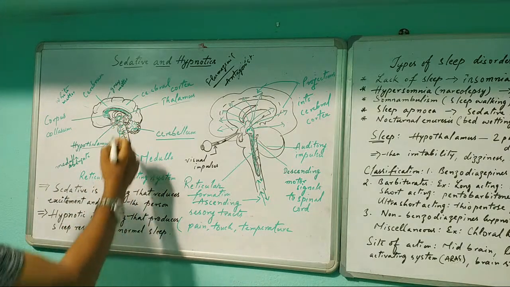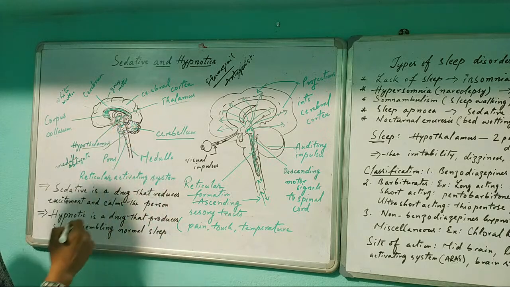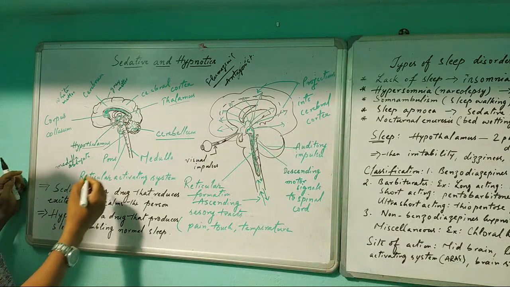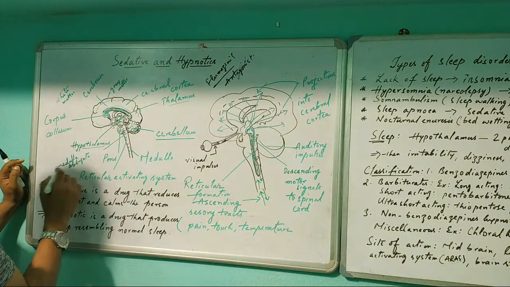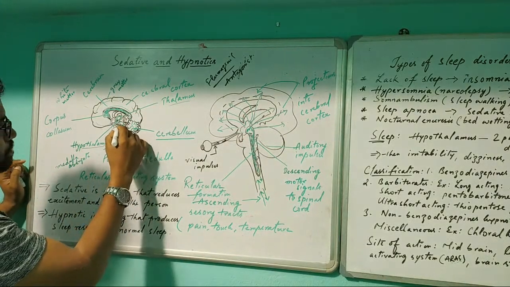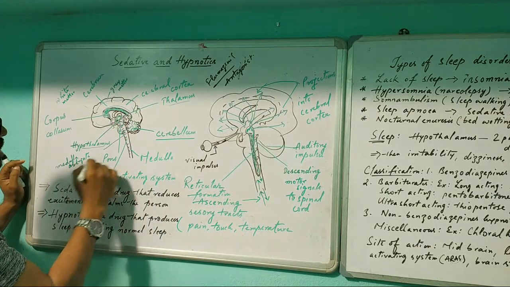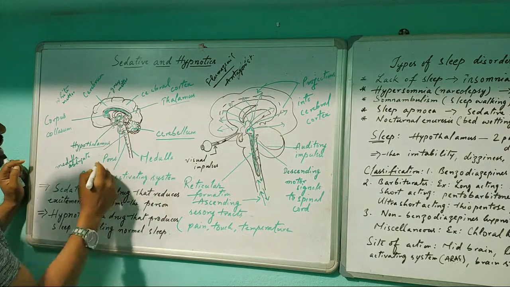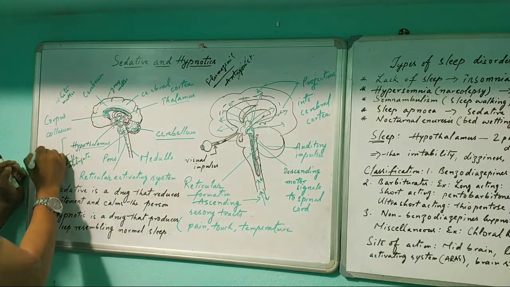The midbrain, pons, and medulla oblongata, these three parts combine to form the brain stem.